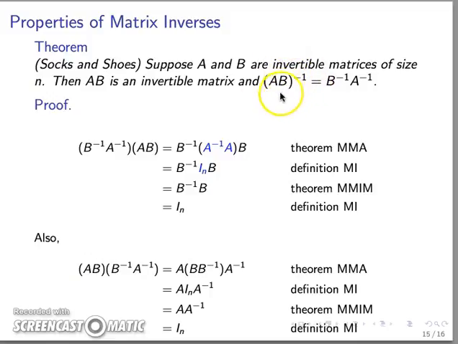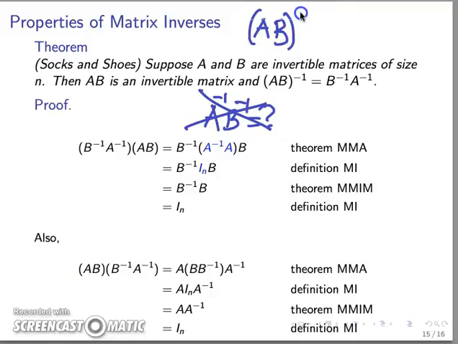You may wonder, what happens to A inverse times B inverse? What is this? Well, forget about that. What's going on here is something we had seen before, in the spirit, not exactly the same, of the transpose of a product.